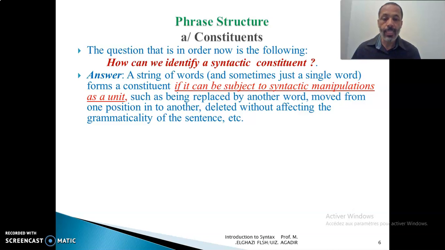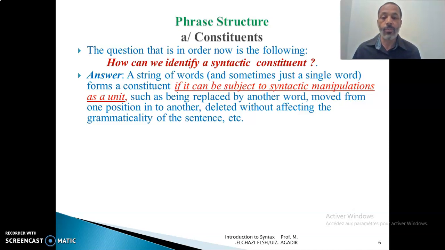So we can say that a word or a group of words is a syntactic constituent only if it can be replaced by another word. For example, a noun phrase can be replaced by a pronoun. When we say John will, we cannot say that the pronoun he replaces John will, but he can replace John in the previous sentence.